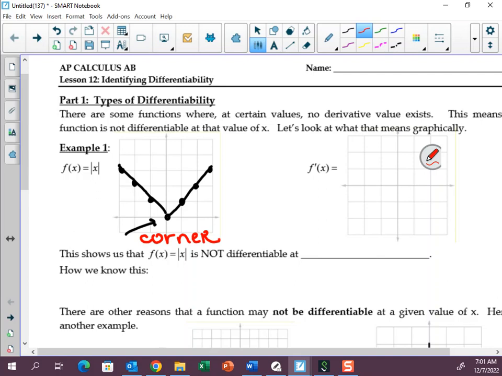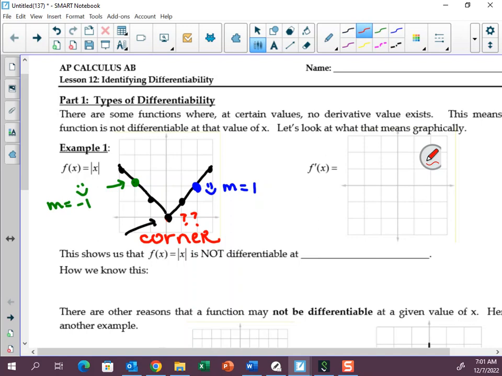If we were standing right here, how do we consider the slope? If I'm at this point right here, I'm on this side, and my slope is 1. If I'm standing here, my slope is -1. But if I'm right on this corner, what slope do I talk about? Which is my slope?